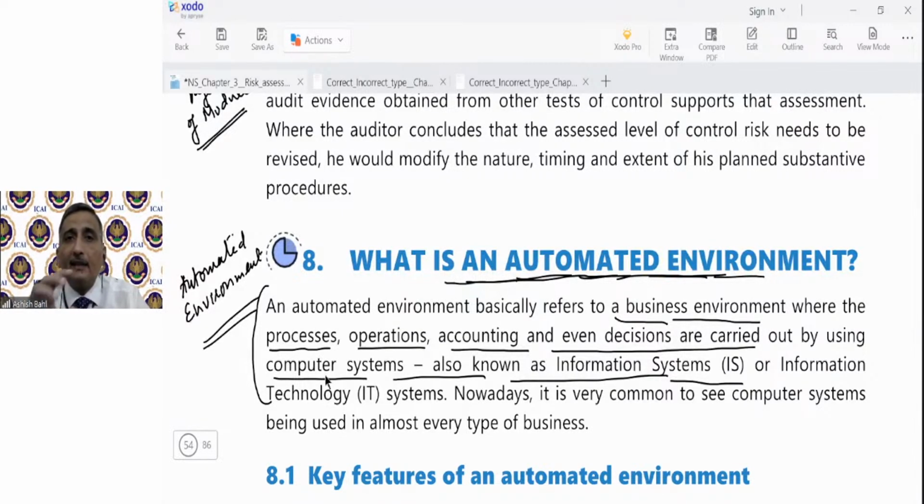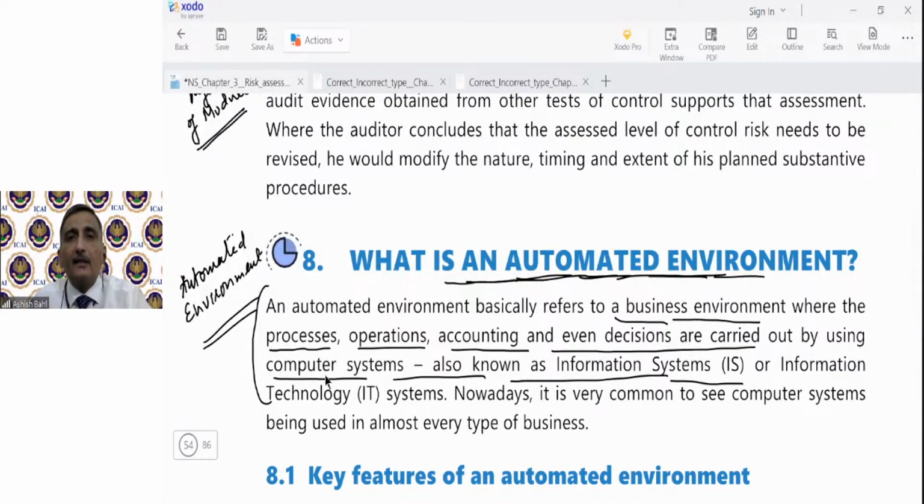Even the production processes, how the production line is scheduled, and ultimately when the product is sold, the billing process and its recording in the books of accounts. The moment the invoice is raised, it is automatically posted in the sales account and the customer's account.